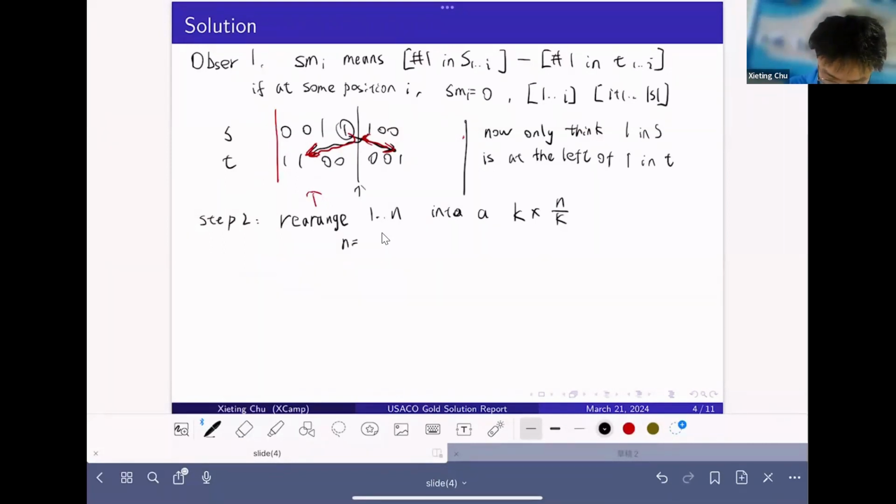For example, if n is equal to 20 and k is equal to 5, then we can write the partitions with 5 in each column.